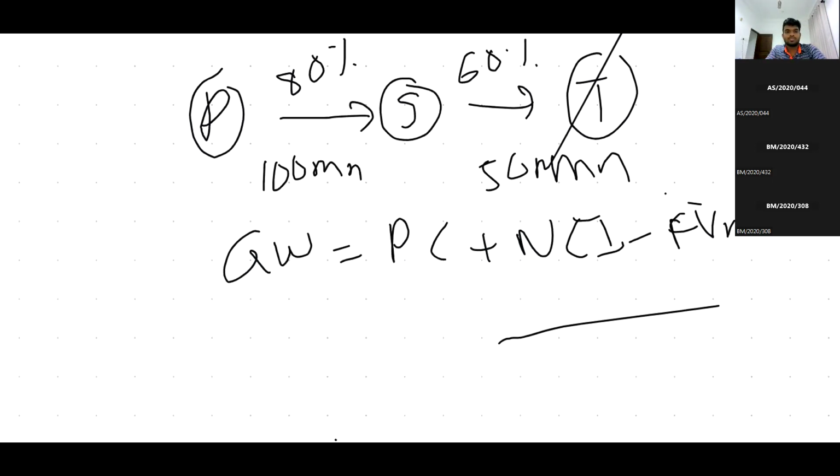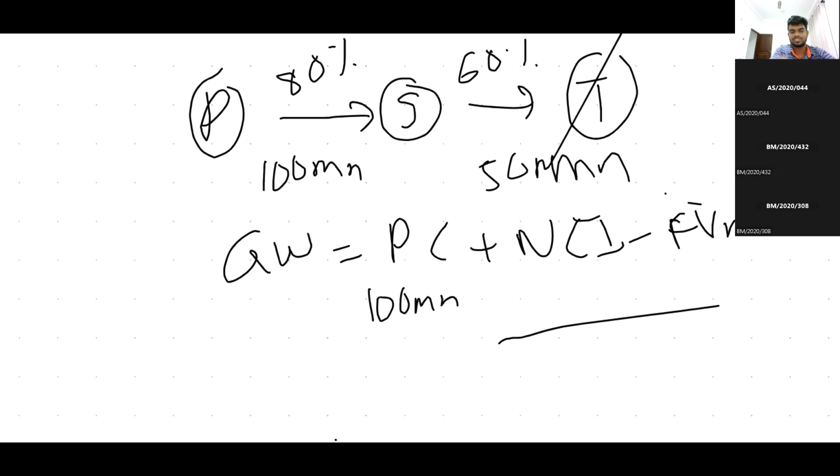So for the parent, the P and S combination, we can directly take the purchase consideration as 100.